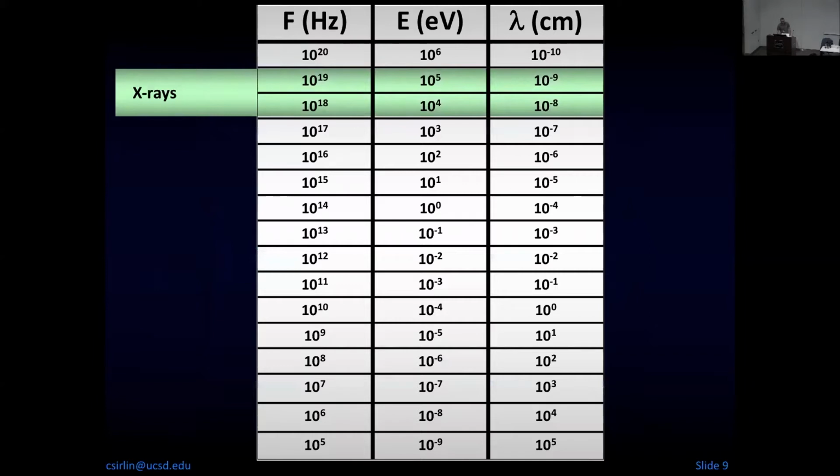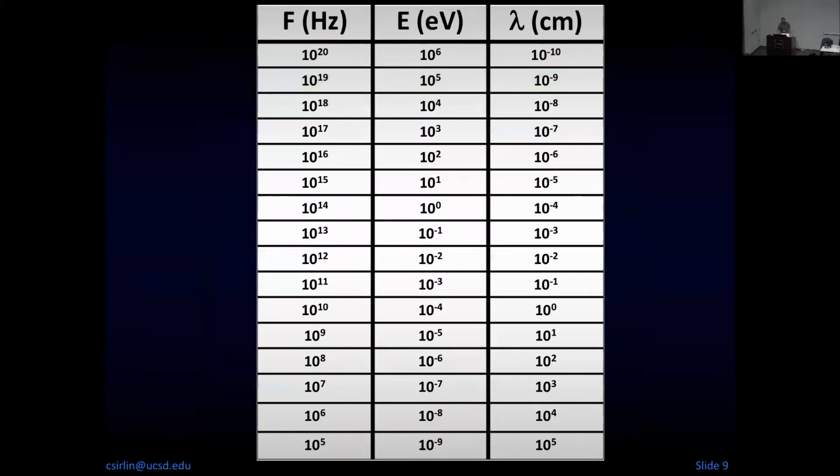So this is just a little bit of a reminder from high school physics. The electromagnetic spectrum can be described in terms of the frequency of the waves, or in terms of the wavelength of the waves. Notice that as the frequency goes up, the wavelength goes down. So at the very top, we have very, very short wavelengths, 10 to the minus 10 centimeters.